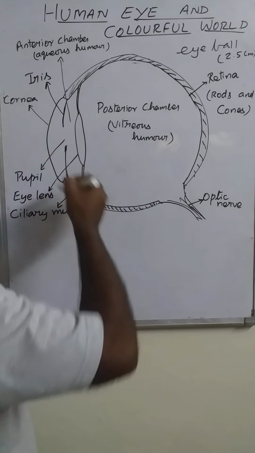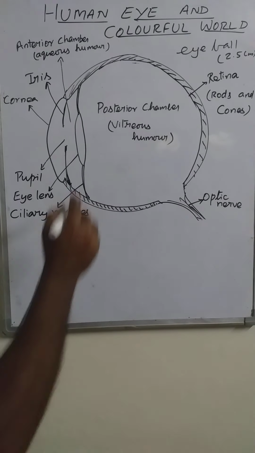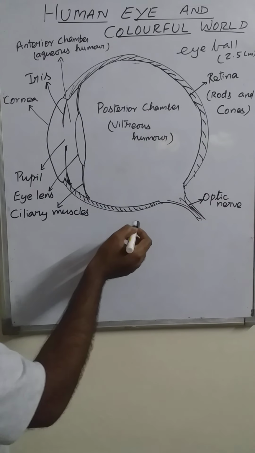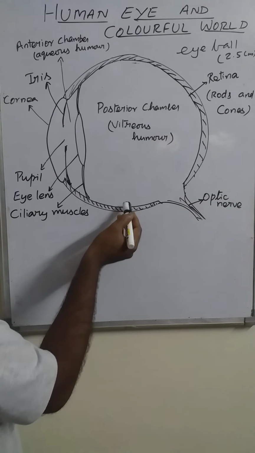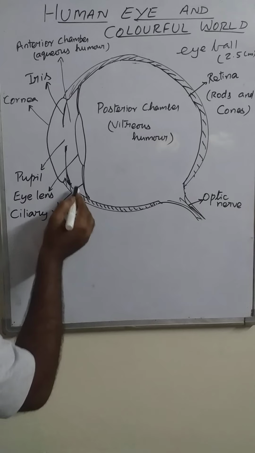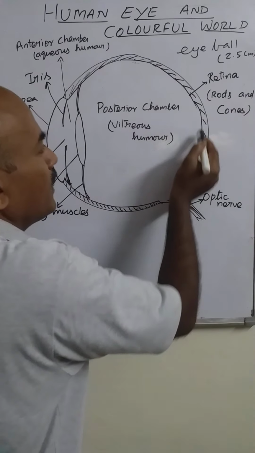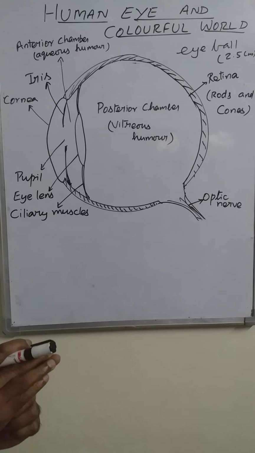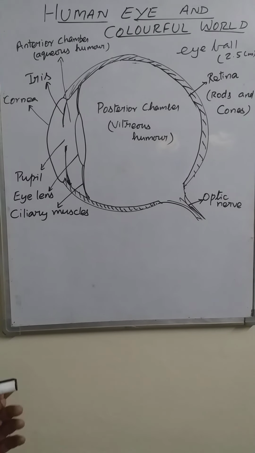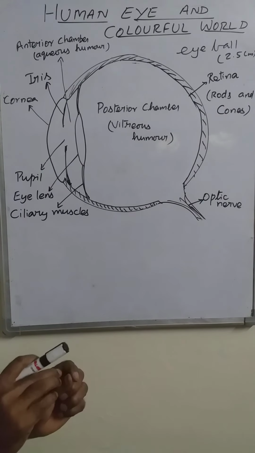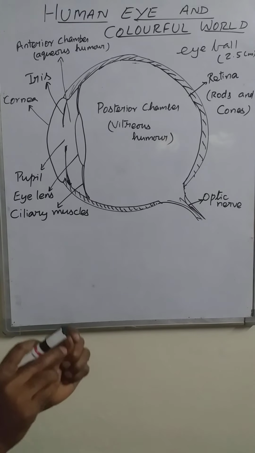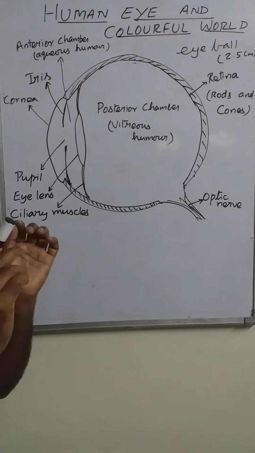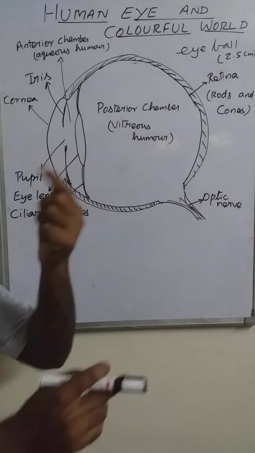And this structure, the eyeball, its outer layer. There are two layers. One is the outermost layer and another one is the inner layer. These two layers are made up of opaque tissues, and those opaque tissues give the fixed structure, that is spherical structure.